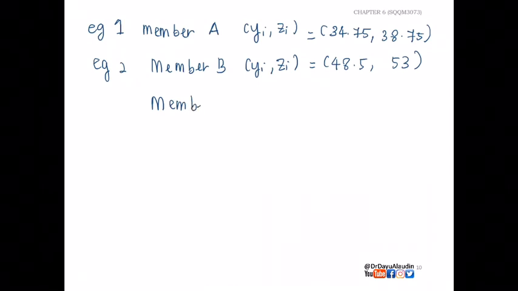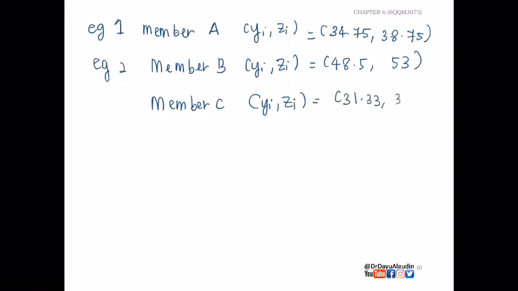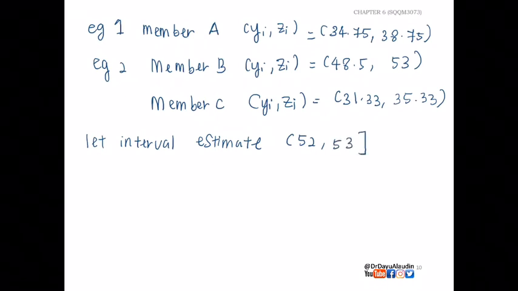And member C, in example 2, yi and zi are equal to 31.33 and 35.33. Let our interval estimate be 52 and 53. So the interval estimate is 52 and 53.